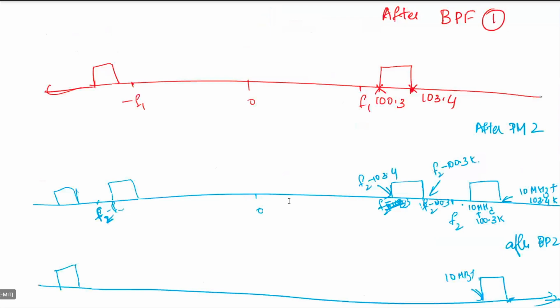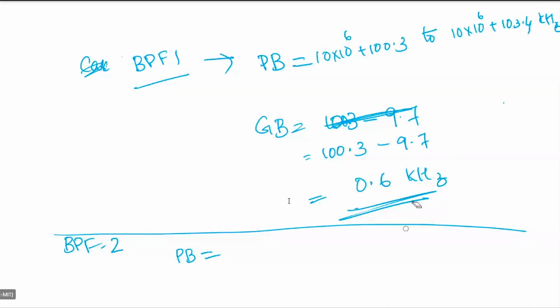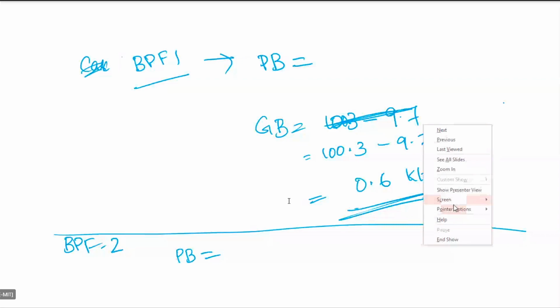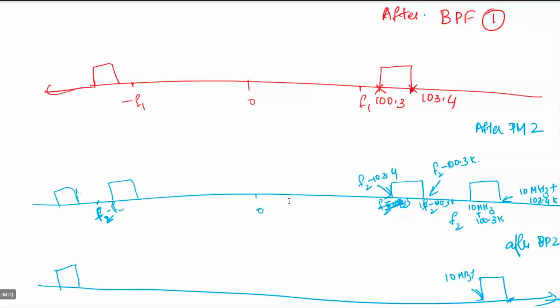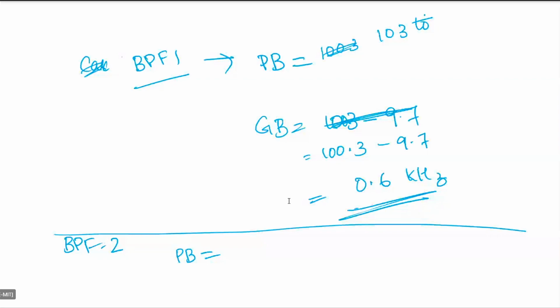I mistook it with the similar values. This is the first filter, 100.3 to 103.4.